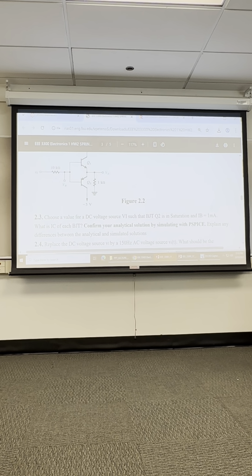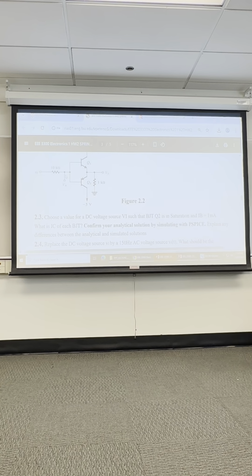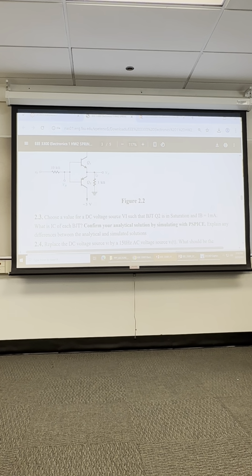You could say, as you're saying, it's minus 10 volts plus V sub B, which is minus 10 volts minus 4.2, which would be minus 14.2.